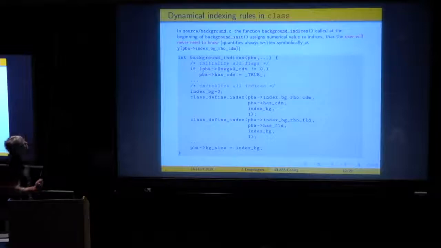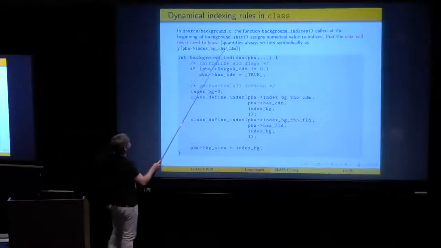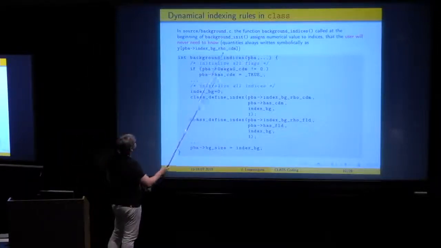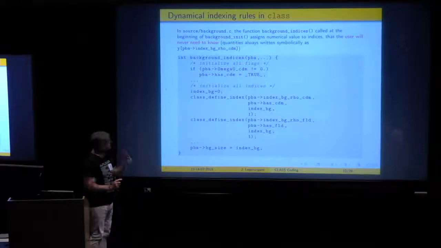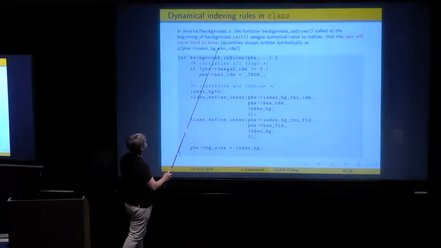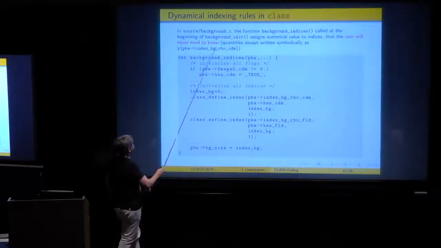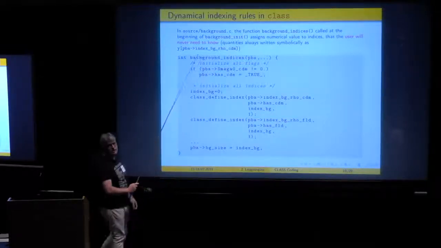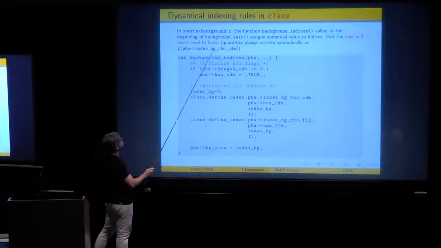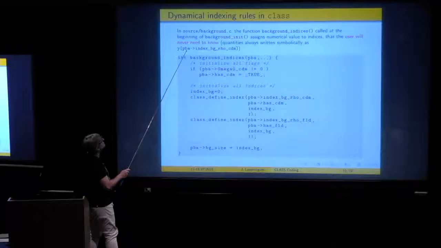Once you are used to CLASS, you think a bit as if the formulas were written in LaTeX, and you only look at the end. So if you see a CLASS formula, you make abstraction of this, and you think, it's like if in LaTeX I had written rho_cdm. You just have to look at this to remember that this rho_cdm is part of an array that we call BG, and is part of the background module.